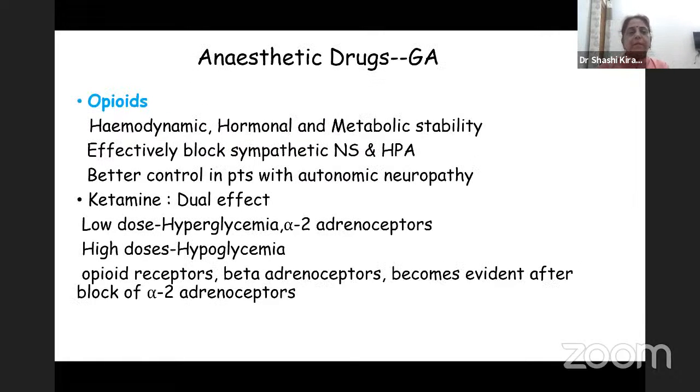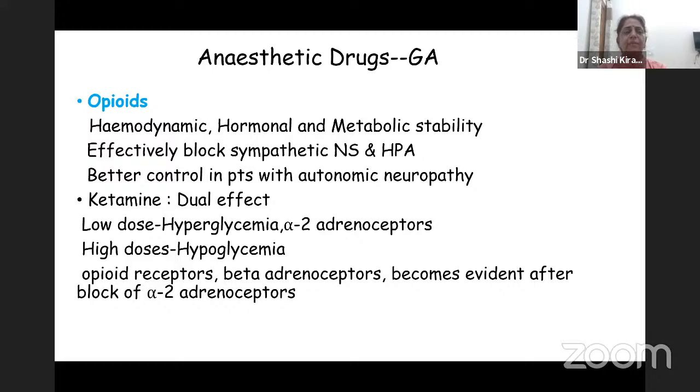Opioids are associated with hemodynamic, hormonal, and metabolic stability. Moreover, they effectively block the sympathetic nervous system and hypothalamic-pituitary axis. The point to note is that they provide better control of hemodynamics in patients who have autonomic neuropathy.